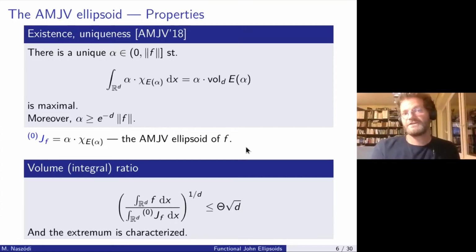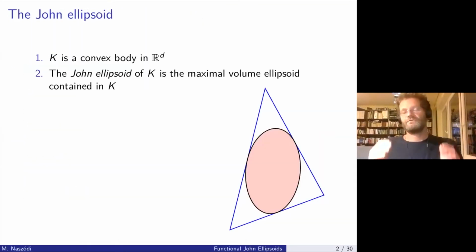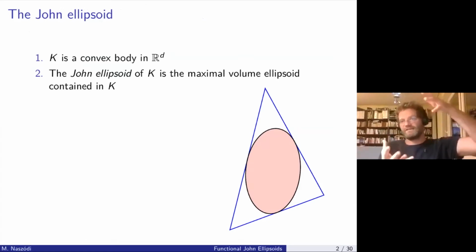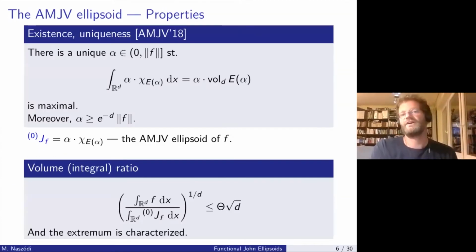Okay, and now you can talk about the volume. So let's go back to convex bodies. That's a classical question: what's the ratio of the volume of this best ellipsoid compared to the volume of the whole body? Now, when you deal with functions, then instead of volume, you say integral.